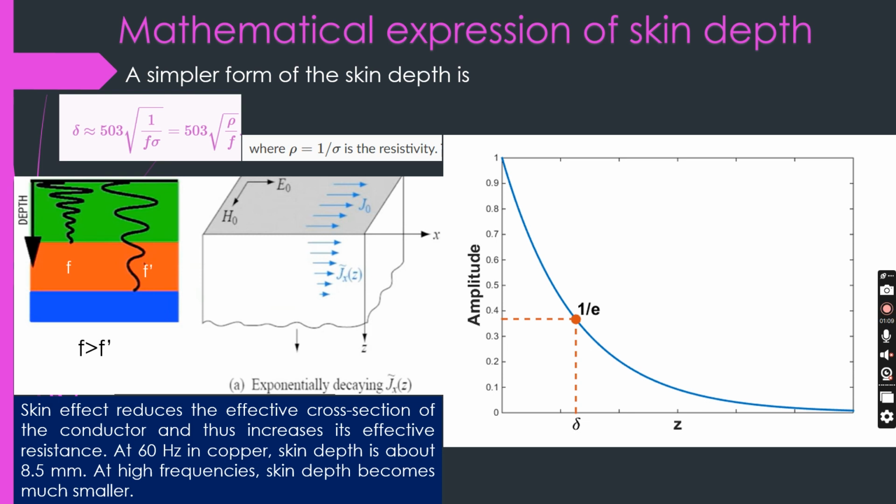Further, if we look at the mathematical expression of skin depth, delta equals 503 times the square root of 1 by f sigma, or 503 times the square root of rho by f. Here sigma means conductivity, rho means 1 by sigma, that is resistivity, and f means frequency.